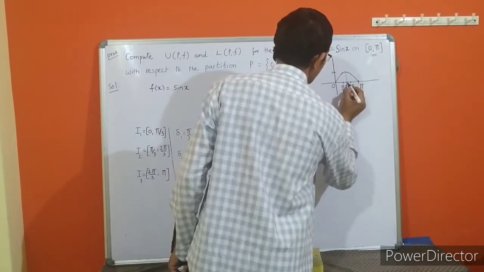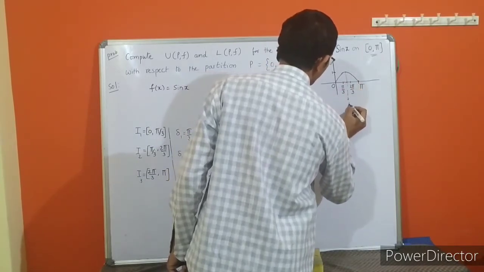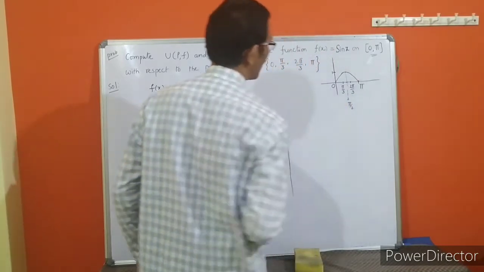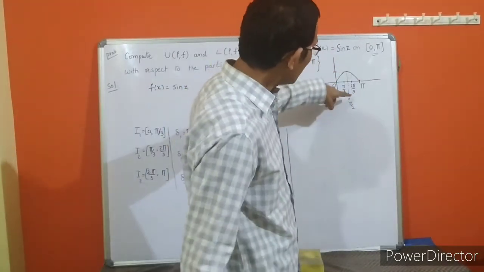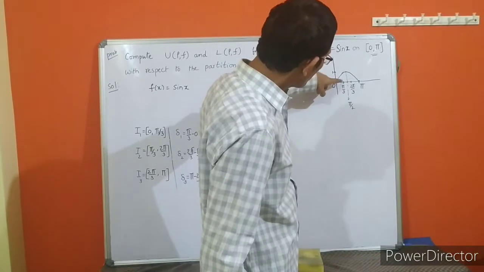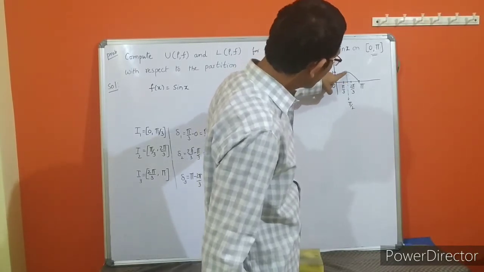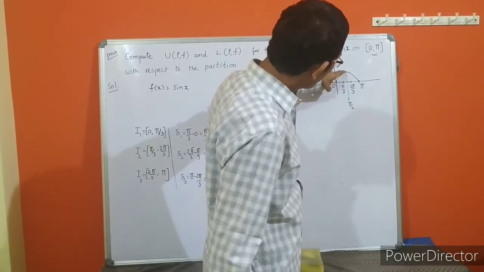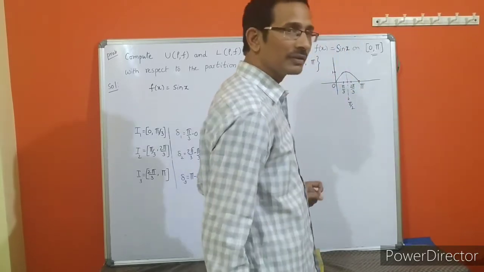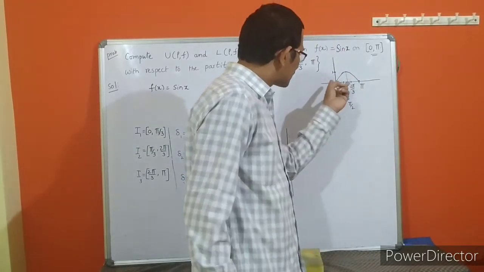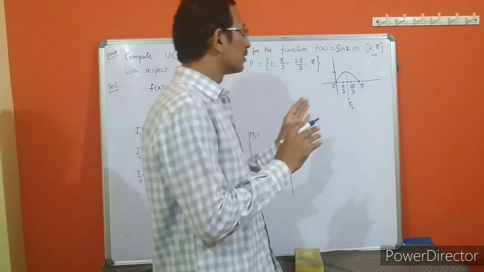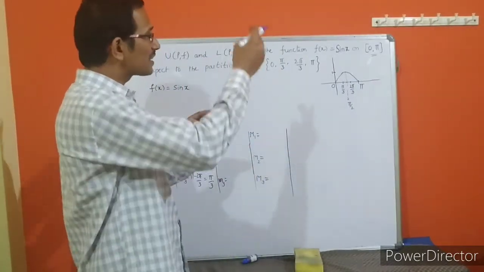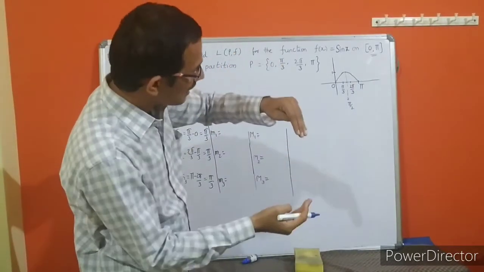I am writing it here for clarity: this point is pi by 2. From 0 to pi by 2, sin x is increasing, and after pi by 2 up to pi, it is decreasing. So some interesting behavior here: we see the increasing nature of the function as well as the decreasing nature.